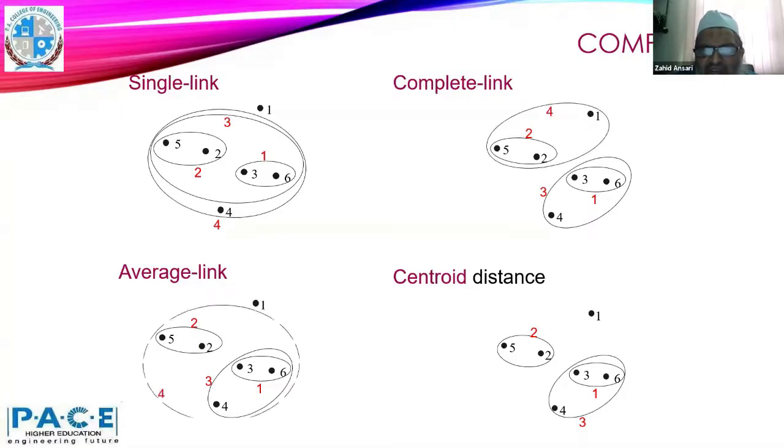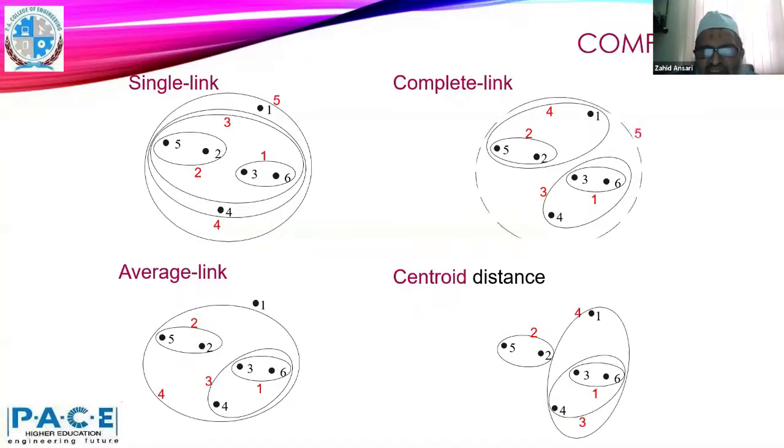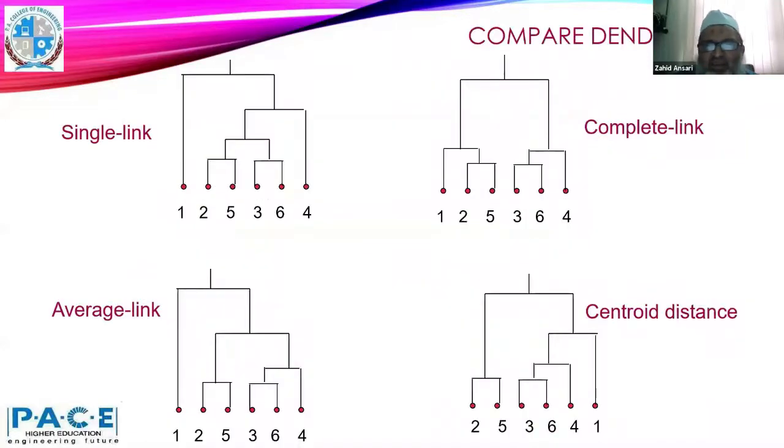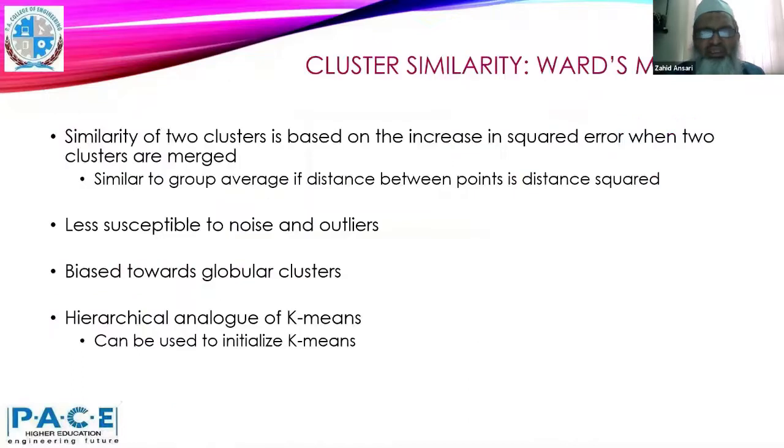I will just keep clicking it. So based on the various criteria, different kinds of clustering take place, and we are getting different kinds of dendrograms for this. So we need to choose the proper linkages.